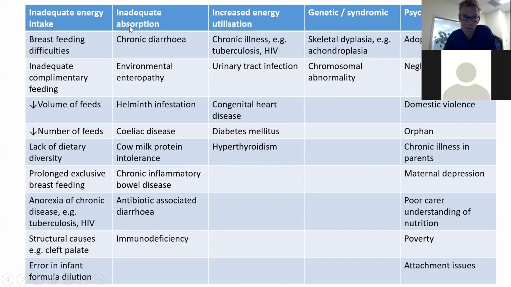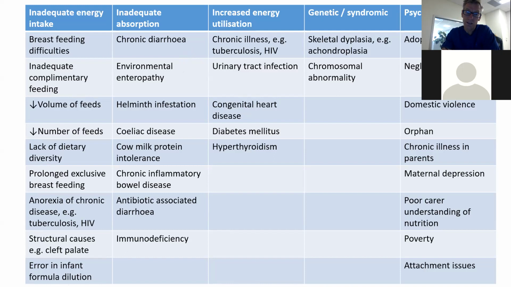The next mechanism is inadequate absorption of calories and protein and nutrients from the gut, and that can occur if children have chronic diarrhea, or this concept of environmental enteropathy, where because of exposure to lots of enteric pathogens, lots of Enterobacteriaceae and Klebsiella, that can change the bowel flora that children have in their gut, and that can lead to chronic or persistent diarrhea and malabsorption.